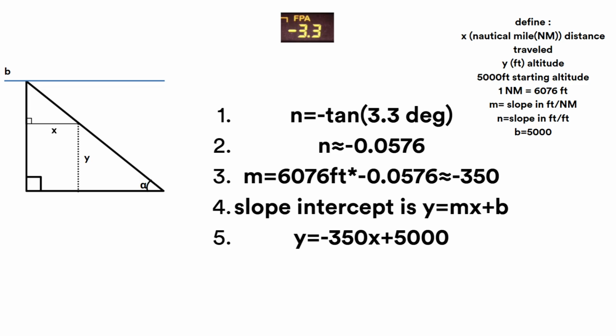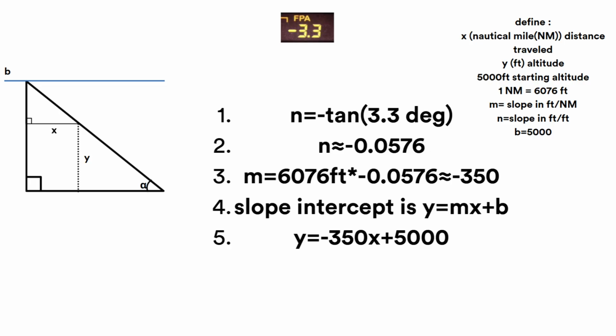When calculated, that results in 0.0576. This means for every foot forward, the aircraft descends 0.0576 feet. But we have to convert the horizontal distance to nautical miles. Our x is in nautical miles, not feet.